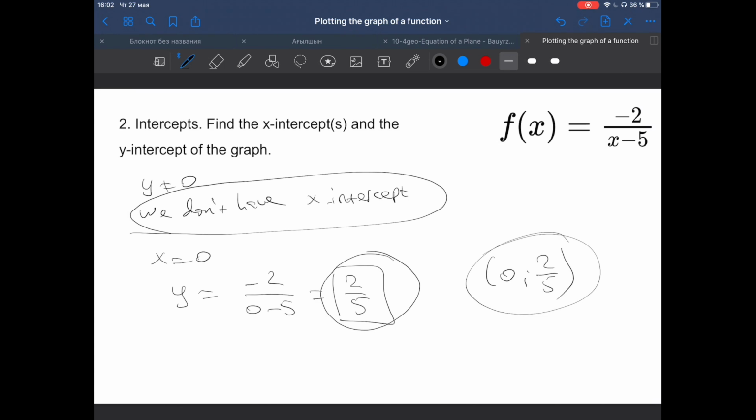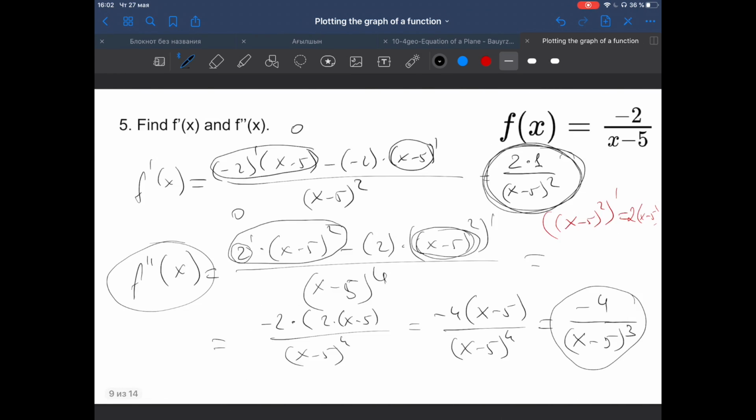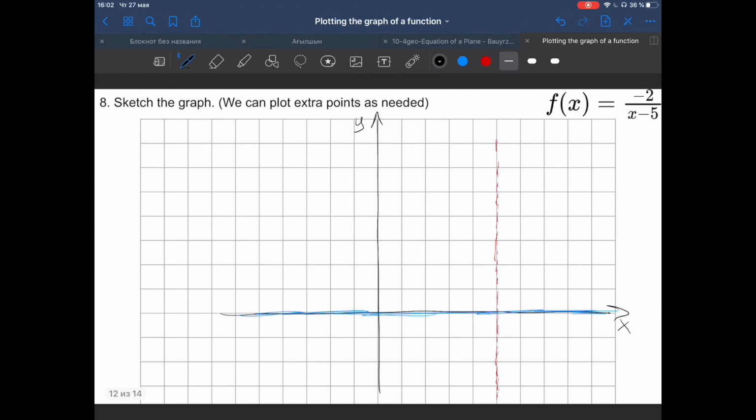Let's find this point, 0 and 2 over 5. If we divide this interval into 5 parts, 2 over 5 will be here. Okay, this will be our y-intercept, this point.